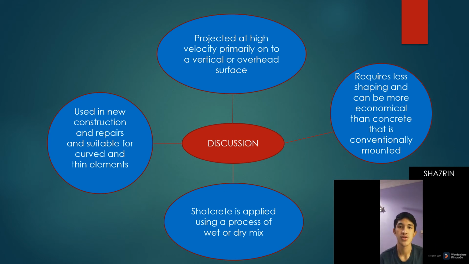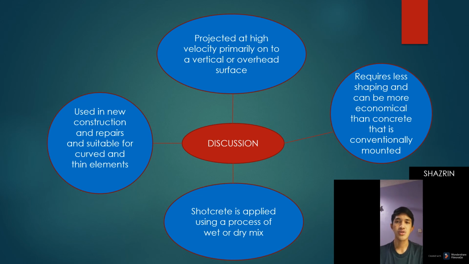We also found shotcrete is applied using a process of wet or dry mix. For the wet mix shotcrete process, they mix all ingredients including water before introduction into the delivery hose. But for the dry mix shotcrete process, they add water to the mix at the nozzle.